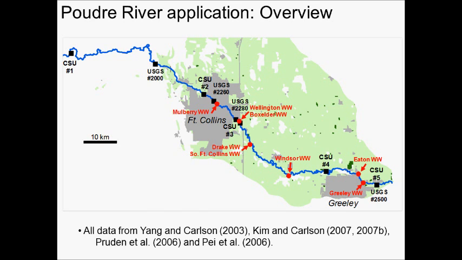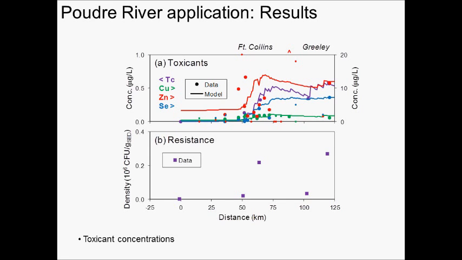So we applied the model to this river, and what I'm showing you here is the result. I'm showing in the top panel the toxicants. So this is tetracyclines, as well as 3 selected metals: copper, zinc, and selenium.